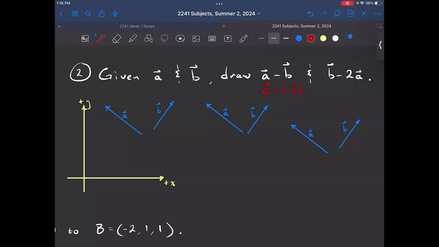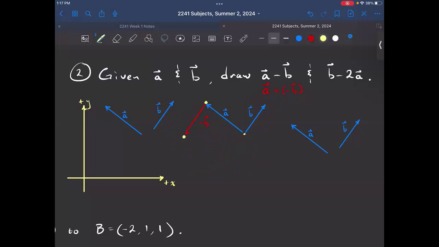So here we'll take this b and reverse it. Now we have minus b pointing in that direction. A little longer. And we can go ahead and do tip to tail. Move that guy over there.